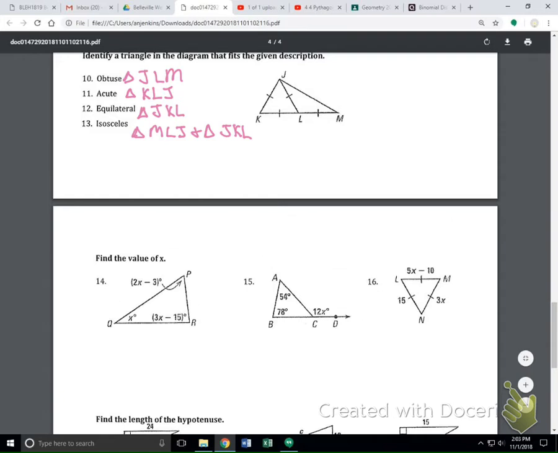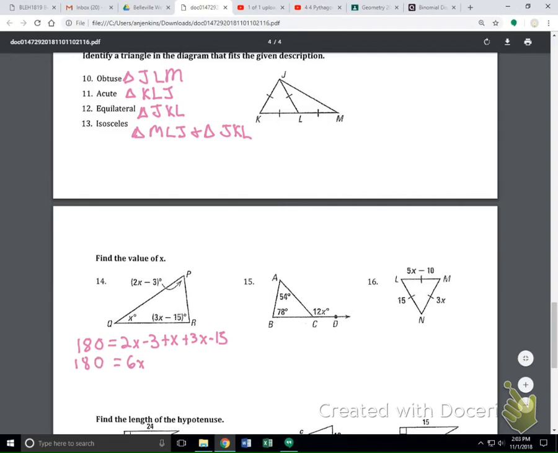We have number 14. And 14, once again, is looking for us to find the value of x. And we have the three angles in the interior of the triangle. So we end up with 180 equals 2x minus 3 plus x plus 3x minus 15. We're going to combine our like terms, so things with x's, things without x's. So 2x plus 3x is 6x.